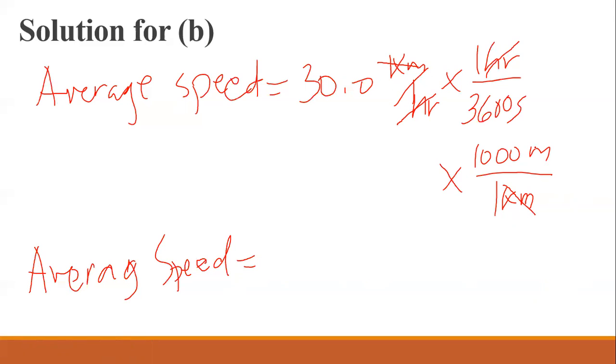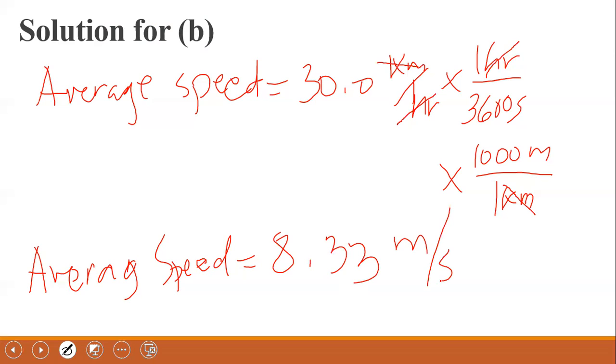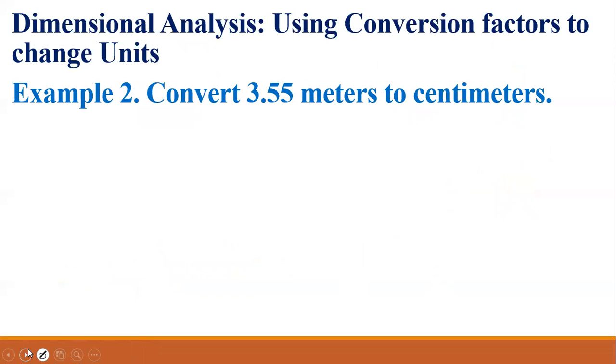So we now get meters over second. So our answer now is 8.33 meters per second. So you drove from your university to home at 8.33 meters per second, that is 30 kilometers per hour. Alright? So now we have the dimensional analysis using conversion factors to change units.